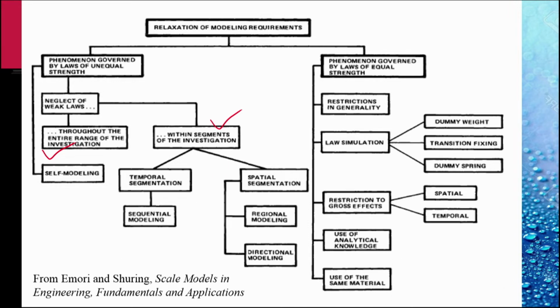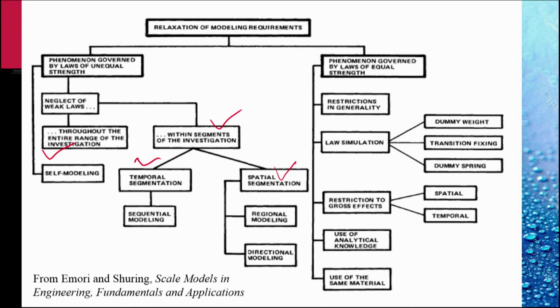And when we neglect it within segments of the investigation, the segmentation could be temporal or could be spatial. In temporal segmentation, we do sequential modeling. In spatial segmentation, we could adopt regional modeling or directional modeling.